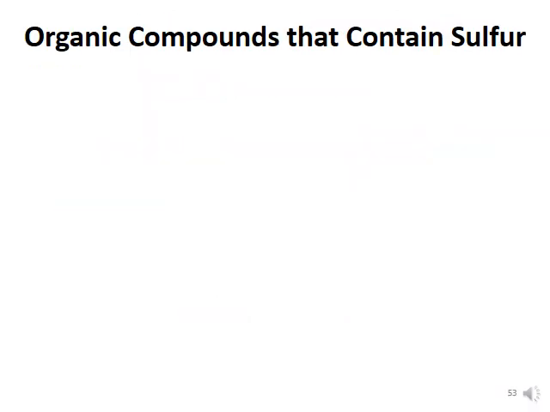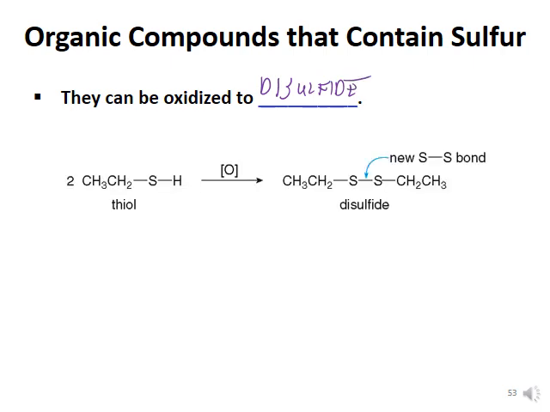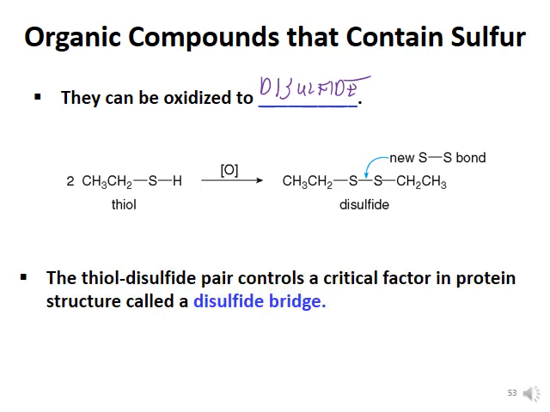Lots of organic compounds contain sulfur other than the ones that we talked about. And disulfides are very important in biological processes. Take two thiols, oxidize them, and you make a disulfide, or a sulfur-sulfur bond in between, and connect the two.